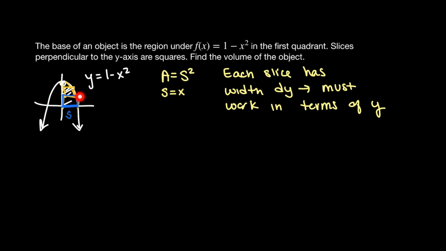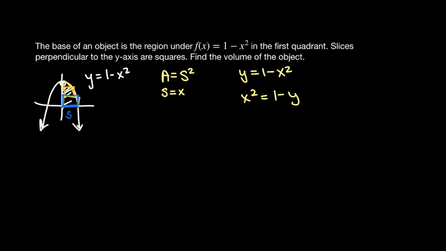Now, if each slice is a square, I know that the area of a square is side squared. And the side of each of these squares is determined by the x-coordinate. So the length of that base of that square is determined by my x-coordinate. But I'm working in terms of y.